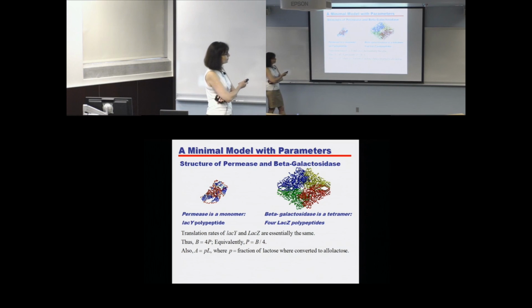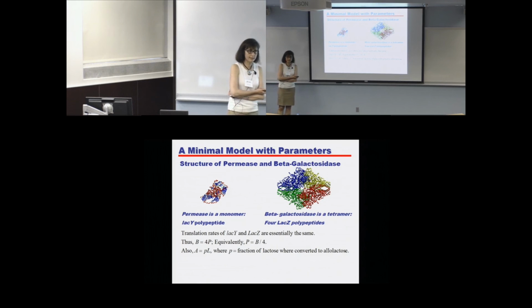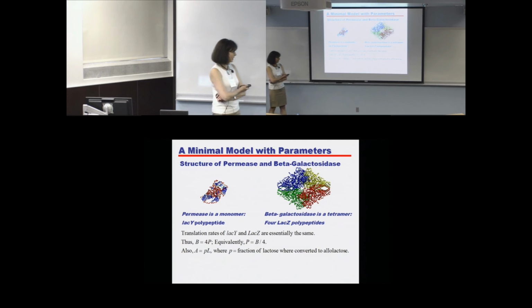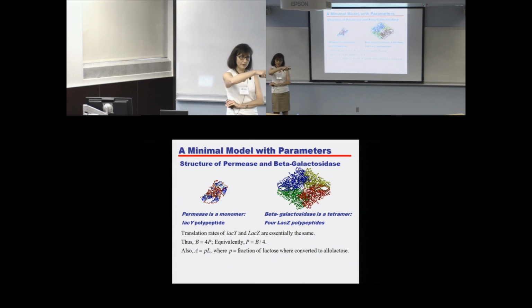You can look at what the permease and beta-galactosidase look like, and one is a tetramer, the other one is a monomer, and then you have the transcription rate the same because one messenger RNA codes for those 3 genes. Translation.